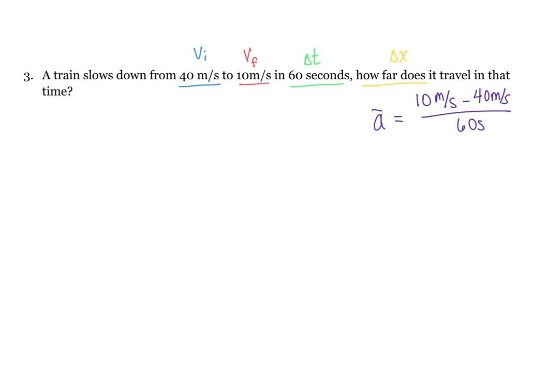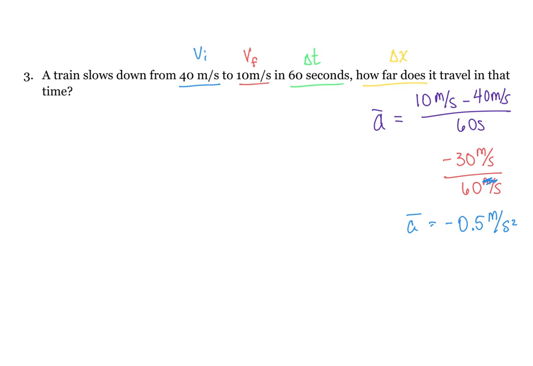So in this case, I'm going to get negative 30 over 60. What is my acceleration here? Yeah, negative 0.5 meters per second squared, right? That's just 60 seconds, not 60 meters per second. Sorry. That is my acceleration.